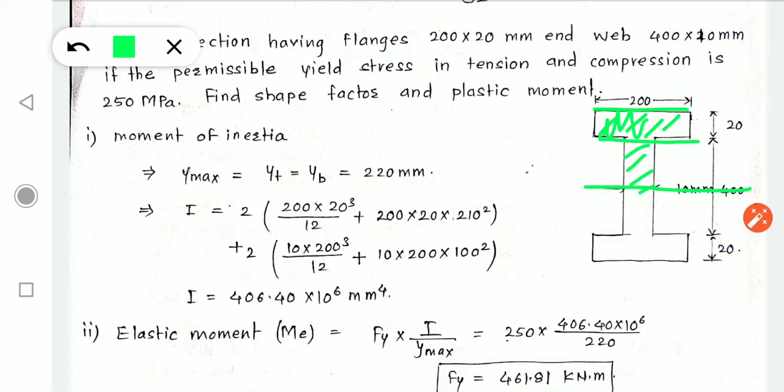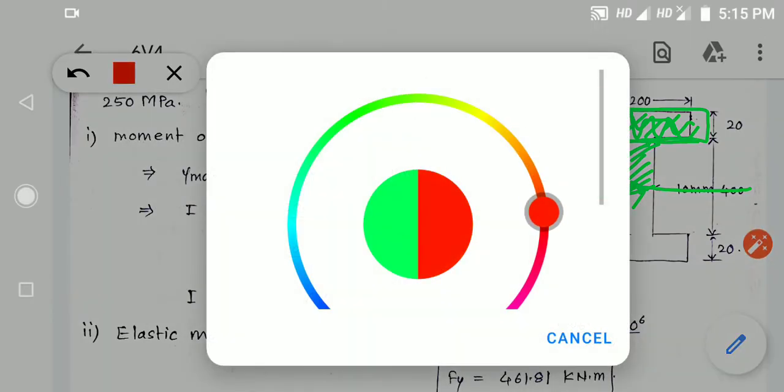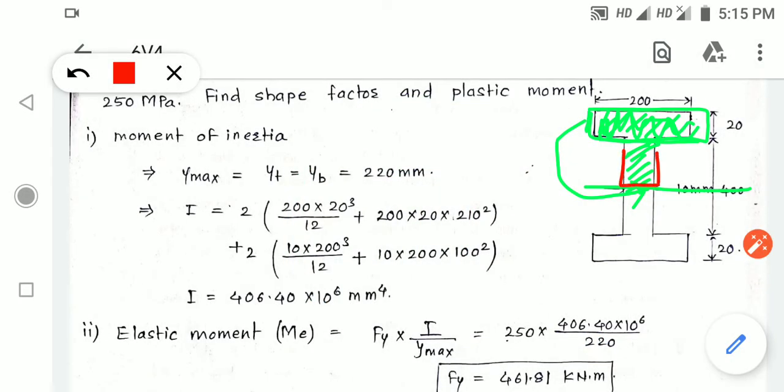The upper one is the first rectangular part, and the lower one is the second part. We calculate I for each rectangular section about the neutral axis, so we have to use the parallel axis theorem.